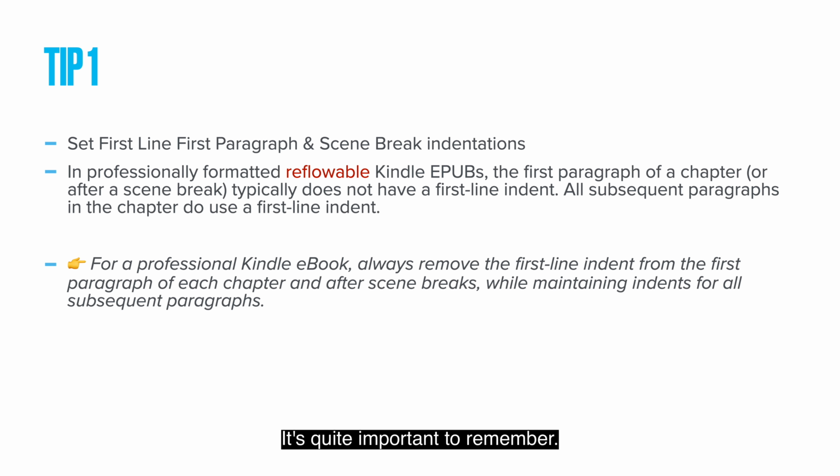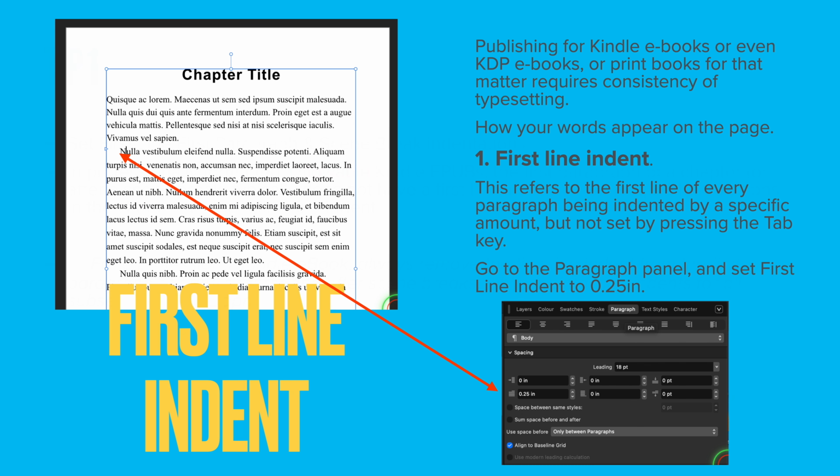That's quite important to remember. For a professional Kindle ebook, always remove the first line indent from the first paragraph of each chapter and after scene breaks, while maintaining indents for all subsequent paragraphs. Now let's see how we do this.